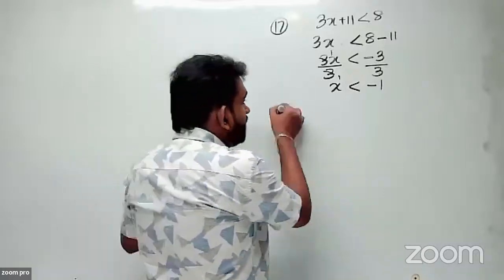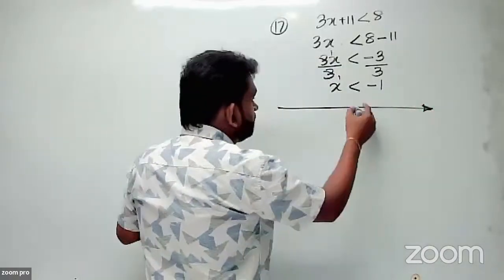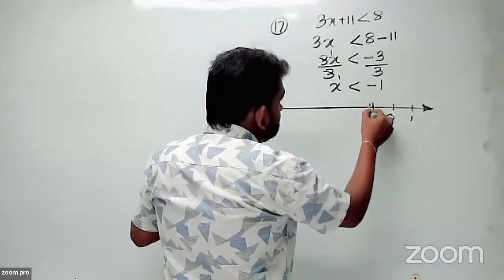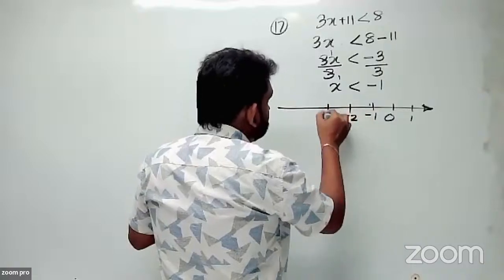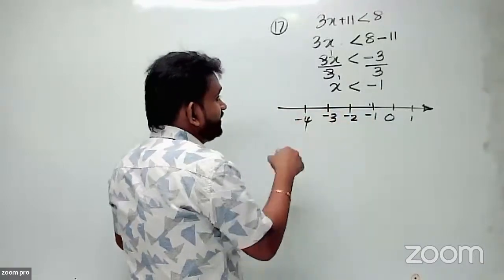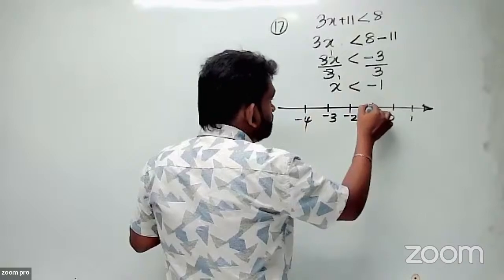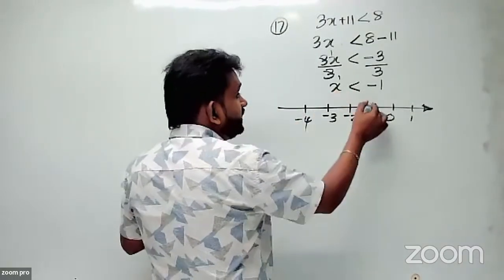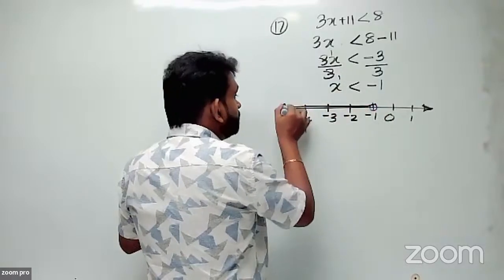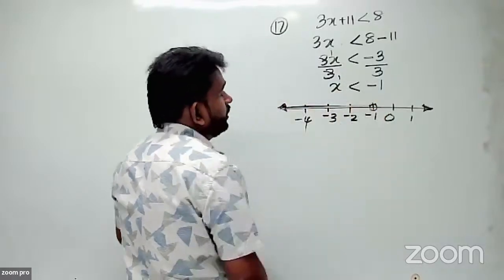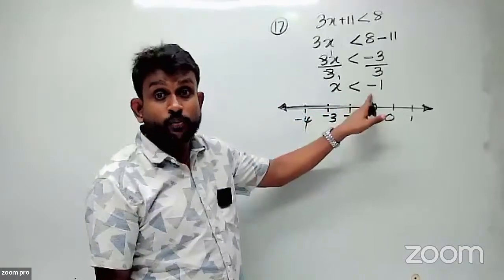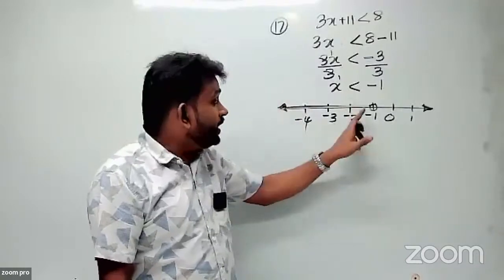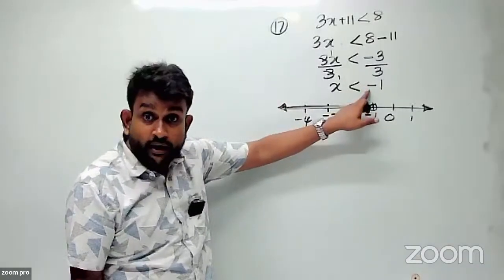You can mark the solution on the number line. See positive 1, negative 1, negative 2, negative 3, negative 4. x less than negative 1 means the left side of the number line. You cannot take negative 1.